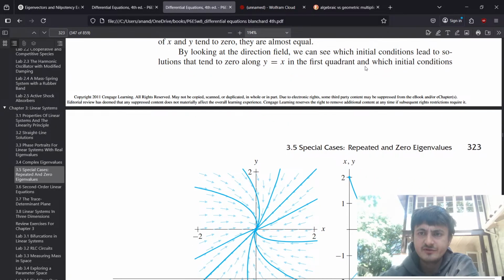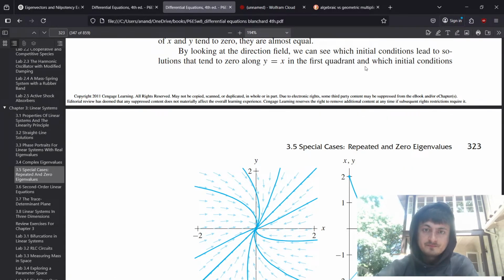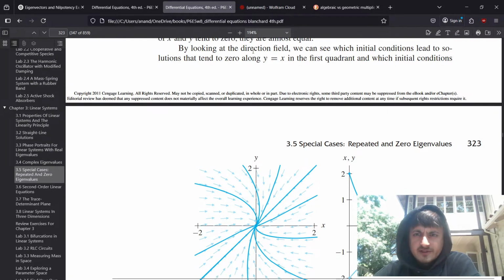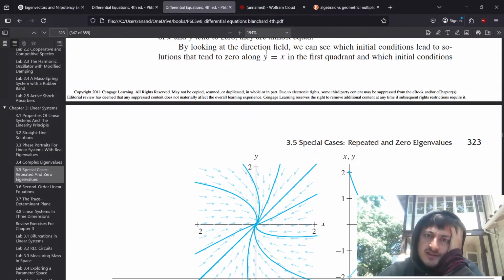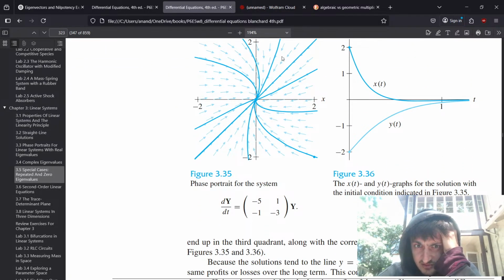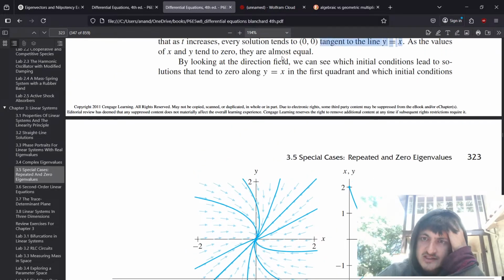By looking at the direction field, we can see which initial conditions lead to solutions that tend to zero along y equal to x in the first quadrant, and which initial conditions end up in the third quadrant. Oh, wait, that's kind of weird.